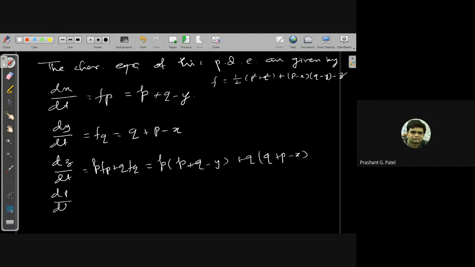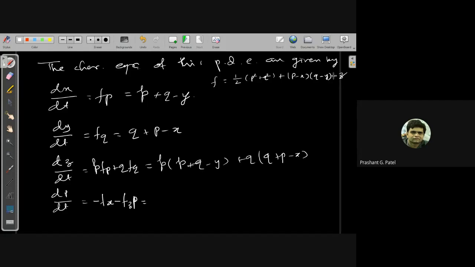dp by dt, as per the formula, is minus fx minus fzp.